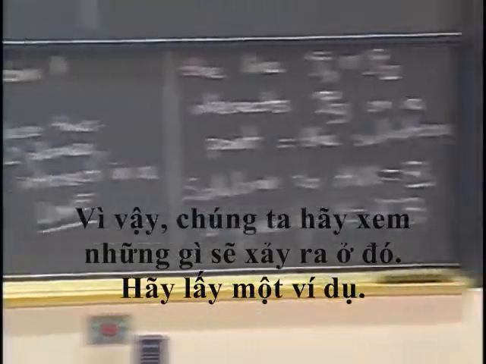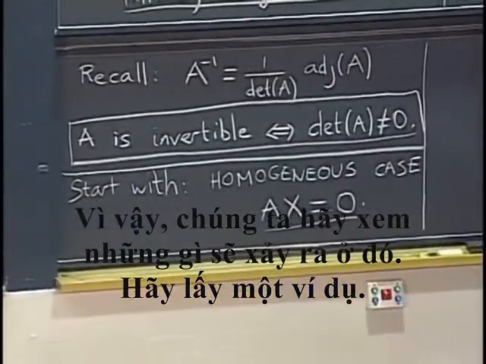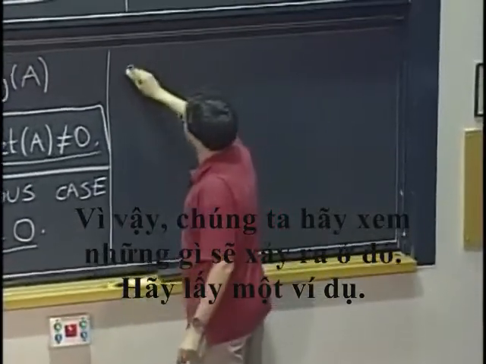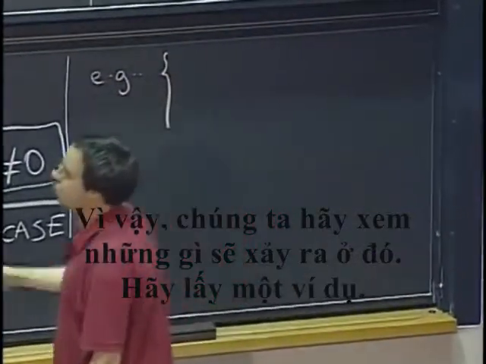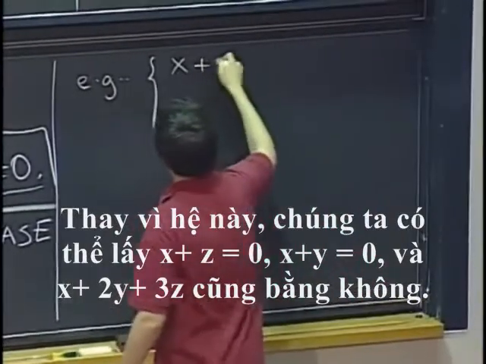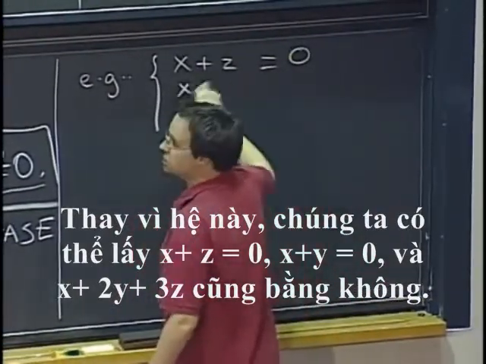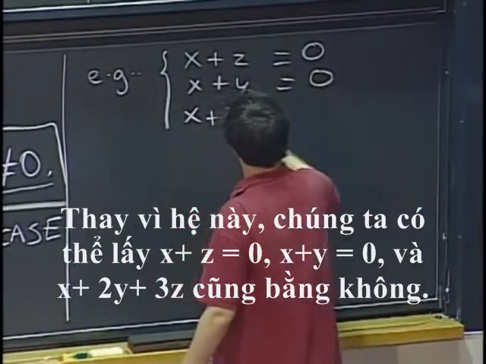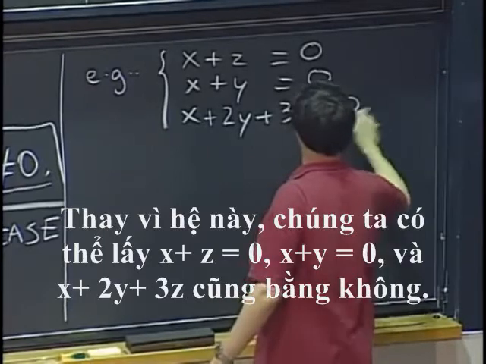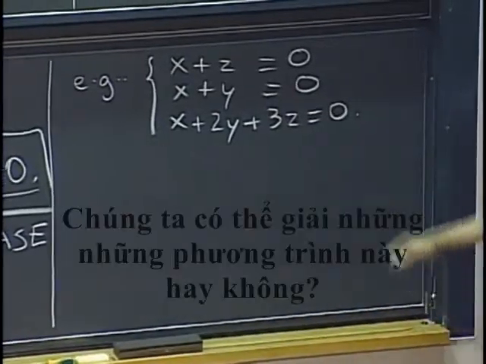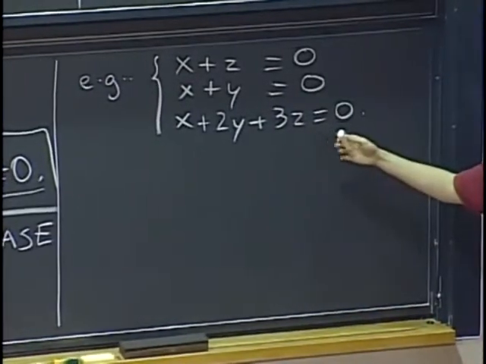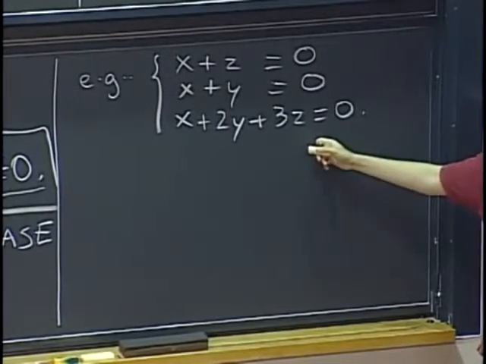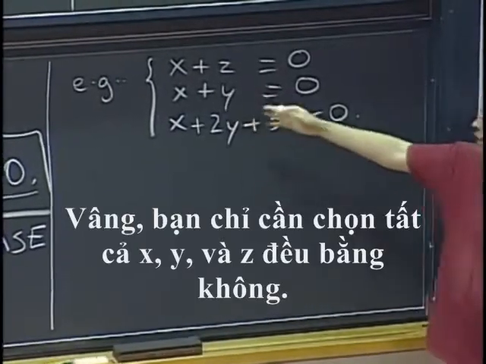Let's take an example. Instead of this, we could take x plus z equals 0, x plus y equals 0, and x plus 2y plus 3z also equals 0. Can we solve these equations? I think you already know a very simple solution: you can just take x, y, and z all to be 0.